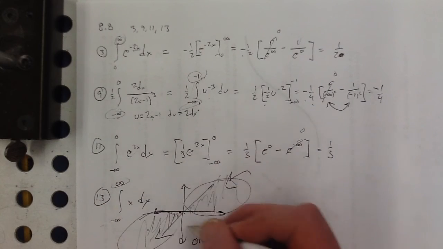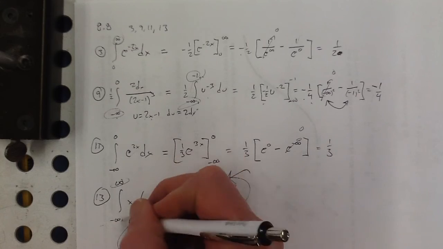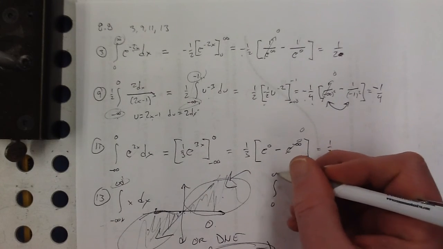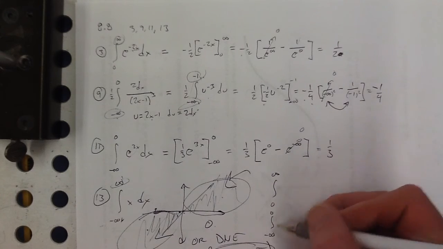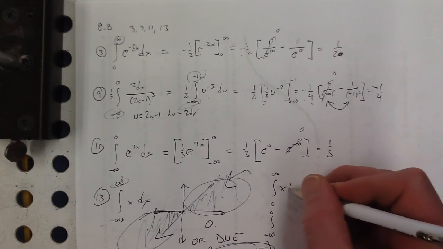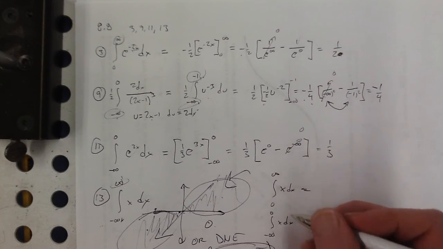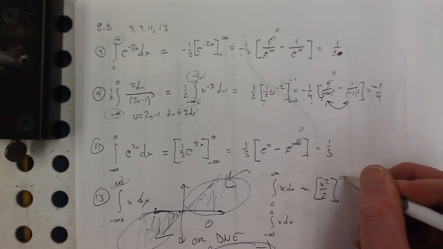We can't have this double-edged thing, so we could say, for example, you can go from 0 to infinity, and then from negative infinity to 0. You could do those two pieces, and what you'll find, I just have to do one of these real quick, that's x squared over 2 from 0 to infinity.